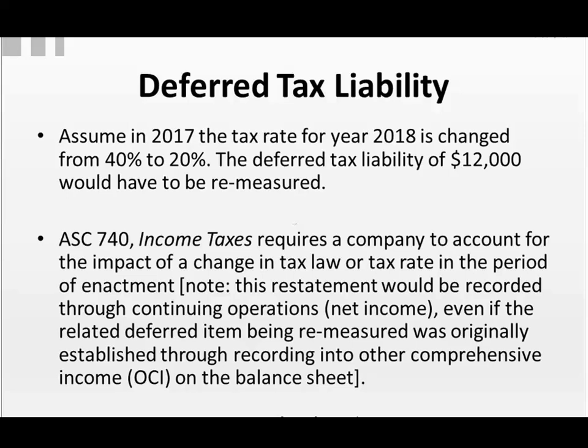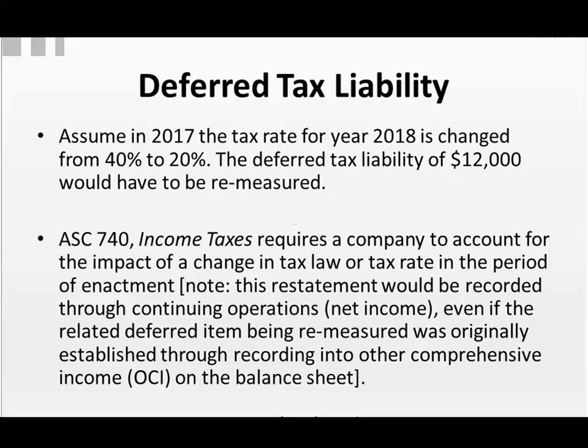So that deferred tax liability of $12,000 has to be remeasured. All right, it's in effect marked to market, right? Once a tax change is enacted, or a tax rate is enacted, we have to remeasure the liabilities. Accounting Standards Codification number 740 requires a company to account for the impact of a change in the tax law or a tax rate in the period of the enactment.